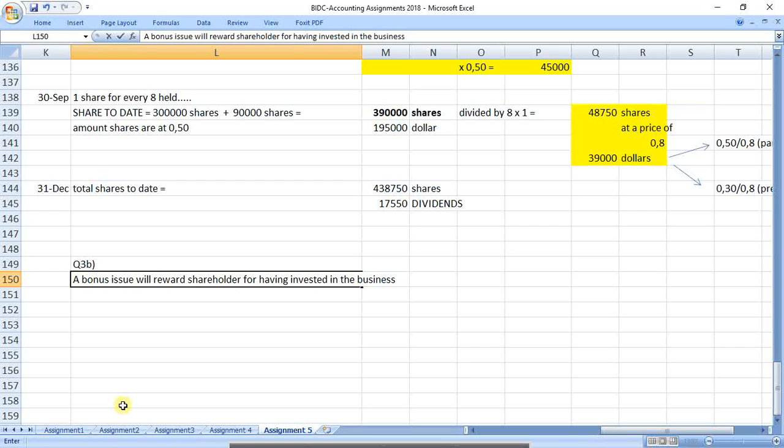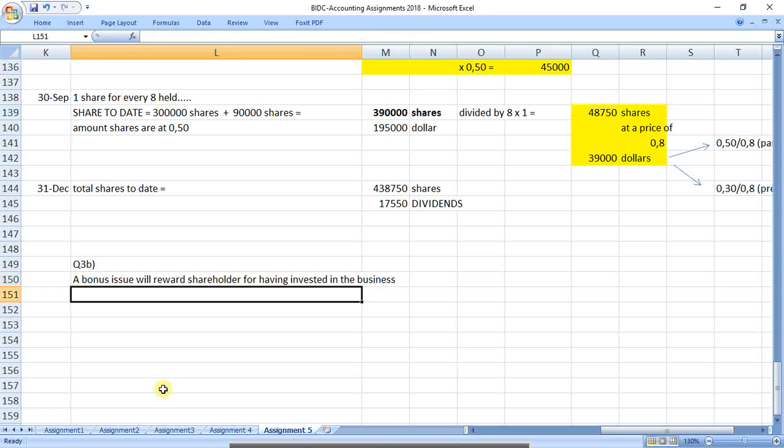Can I just read the question myself, just to make sure that we are focusing on the right bit? State 3 advantages and 1 disadvantage to a limited company of making a bonus issue of shares. Yeah, so an advantage would be to reward shareholders for having invested in the business. That's positive. You want people to feel that we invested in the company and got something back for that investment.